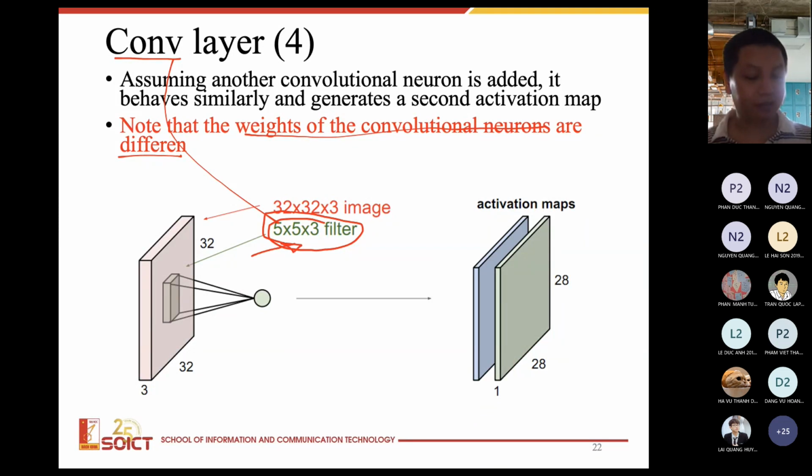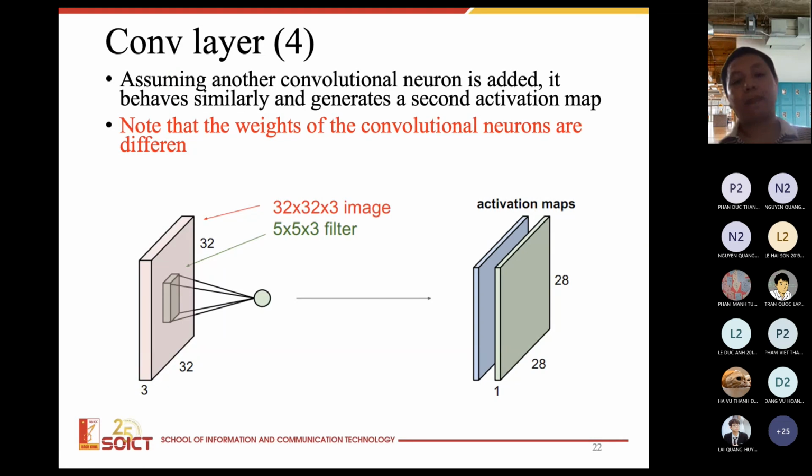Sorry, yes, I have a question. In the previous slide, you told us the depth of the convolution neuron is equal to the depth of the input data block. So I think that there are two parameters to learn, because the third parameter 3 here is equal to the depth of the input data block.